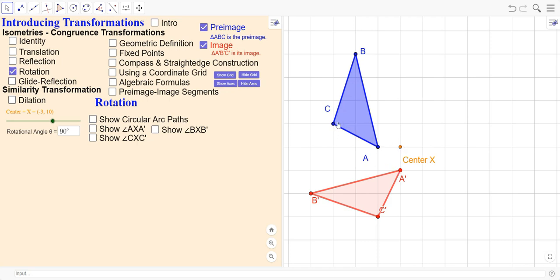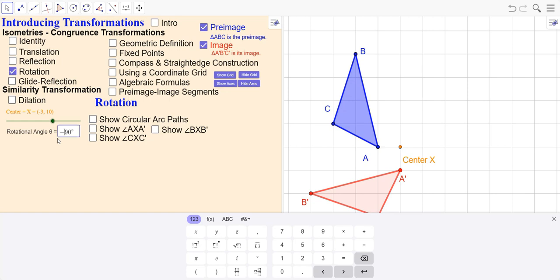Now this is a little harder to see, but if you look at this, this goes 1, 2, 3 to the right and 1 down. To get to C prime, you go 3 down and 1 to the left. Okay, and so you can see that this has a slope of negative 1/3. This one has a slope of positive 3. So those slopes are opposite reciprocals. That gives you perpendicular lines. And so you can kind of use that a little bit to do that.